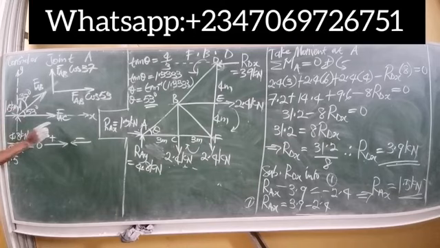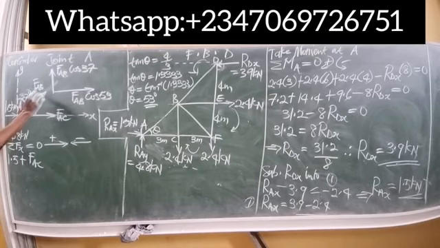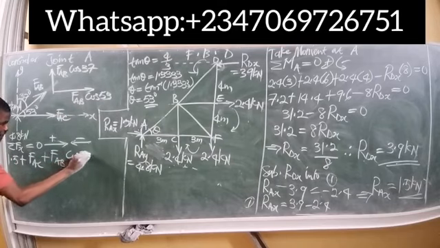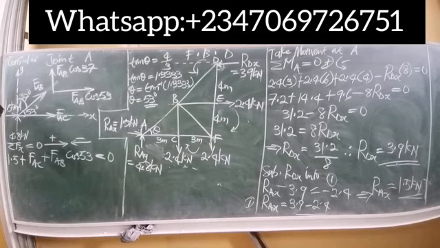Next, we have FAC pointing to the right, so it's positive, plus FAC. And next, when we resolve this force FAB, it became FAB cos 53, pointing to the right as well, so it's positive. Simply plus FAB cos 53. The whole of this is equal to 0. Those are the only horizontal forces we have on this system, or at that joint.